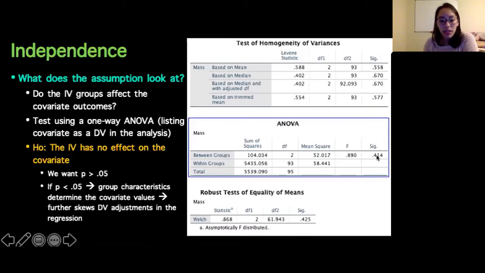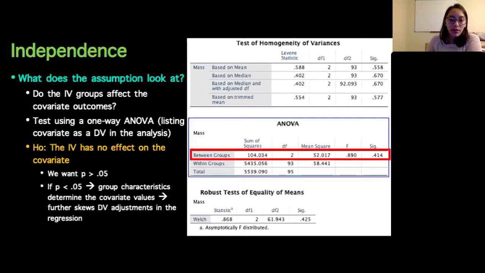But really what we're interested in is this p-value that tells us what the between group variances are, right? So in this case, p is greater than 0.05, which is a good thing, right? Because that tells us that we've met our assumption, or that our independent variable has no significant effect on our covariate measurements.